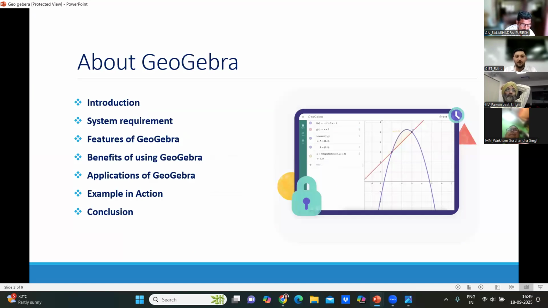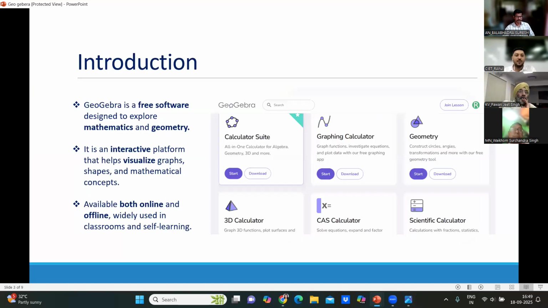First, we introduce GeoGebra. GeoGebra is free software designed to explore mathematics and geometry. It is an interactive platform that helps visualize graphs, shapes, and mathematical concepts, available both online and offline.